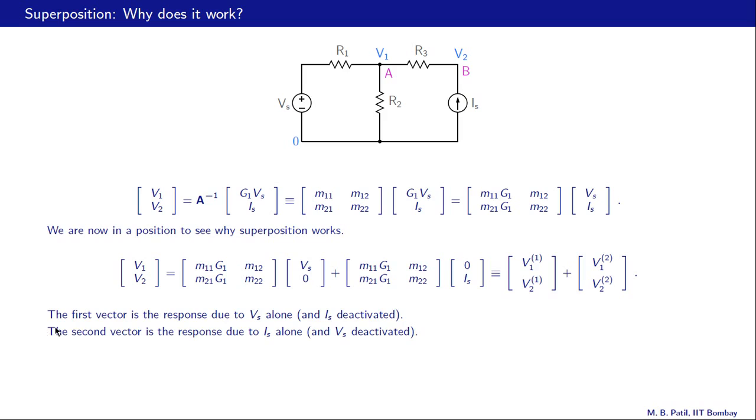In other words, the first vector, this one, is the response of the circuit due to Vs alone and Is deactivated, and that is why we have 0 over here. And the second vector, this one, is the response due to Is alone with Vs deactivated, and that is why we have 0 over here.